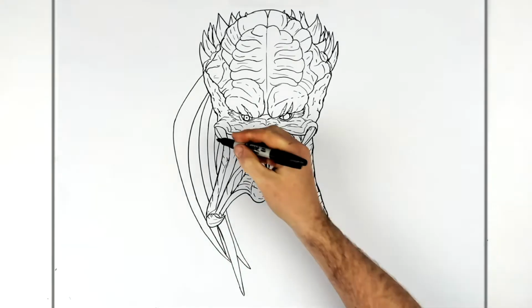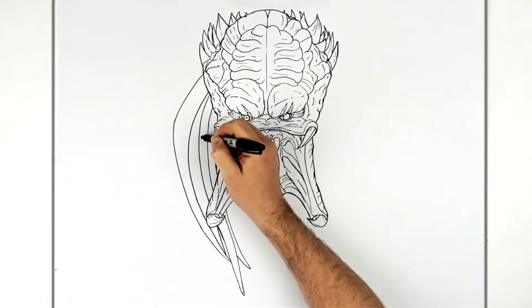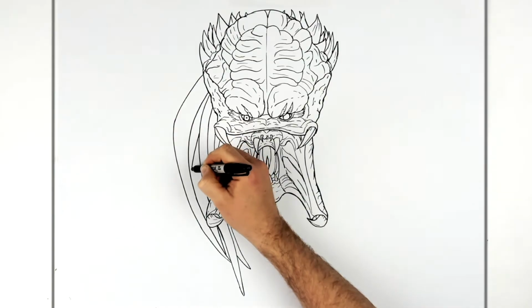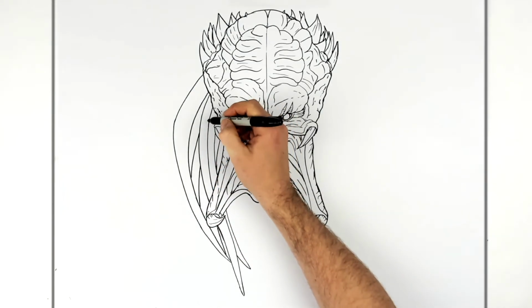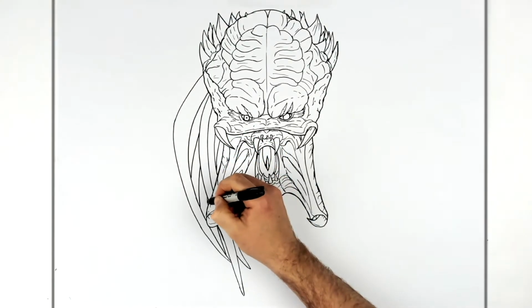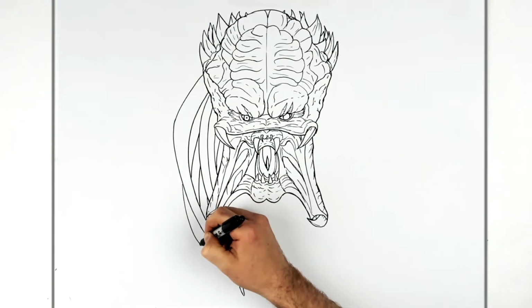So they all kind of overlap one another, that's the thing. You gotta remember, so like some in between here. Another one in there. Another one sort of sticking out here.